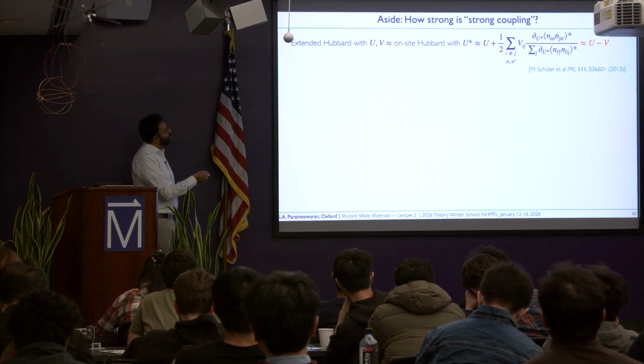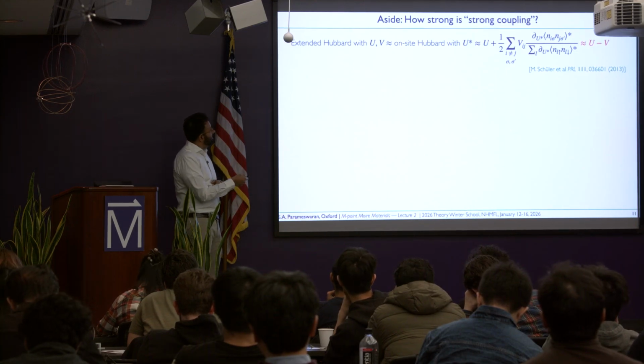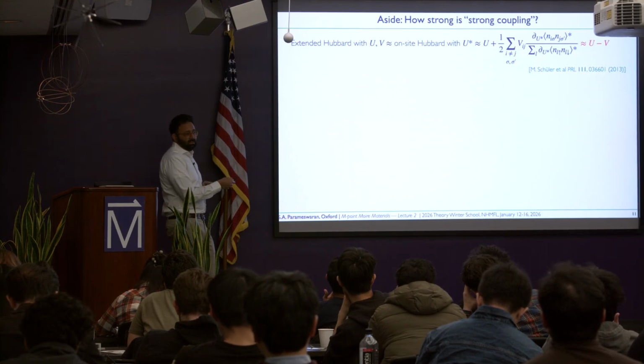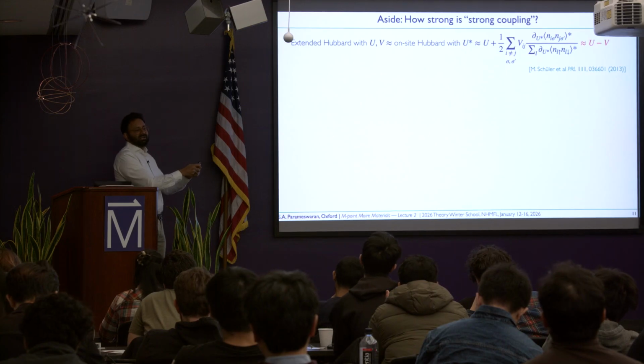Suppose I didn't want to treat a Hubbard model with some second neighbor V. There may be various reasons why you don't want to do that. You could ask, is there a way to come up with an effective U star for the Hubbard model, an on-site U star, that effectively captures the effects of V?